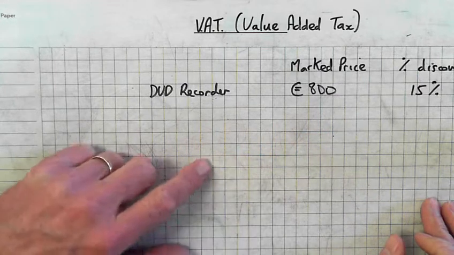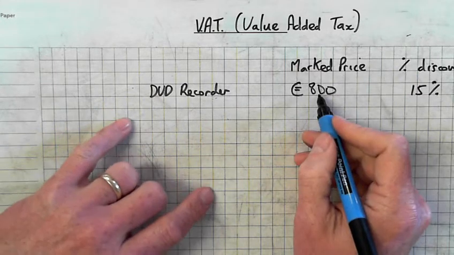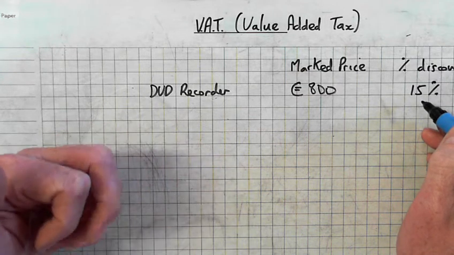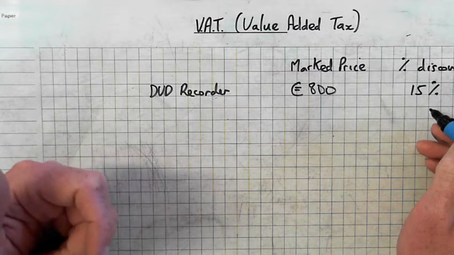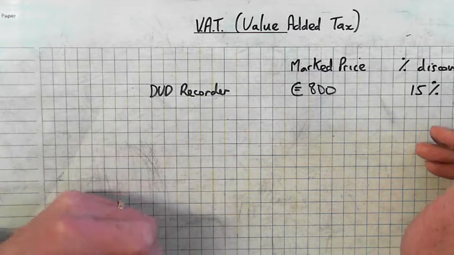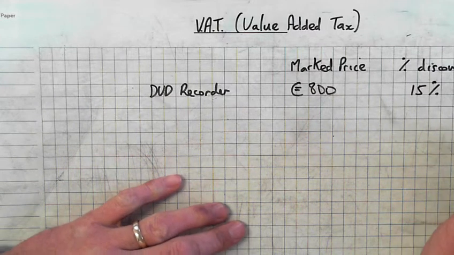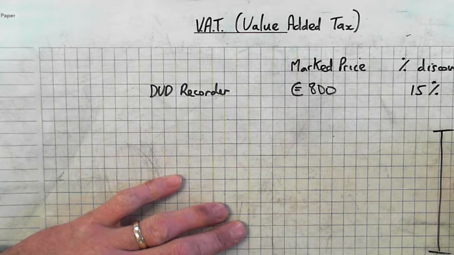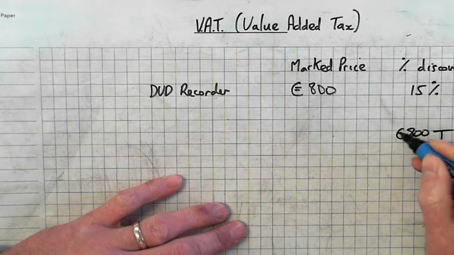All right, so we can do that. So we're going to take 15% off. So when you take 15% off, what's left? What percentage is left? Yes, so watch. 100%, that's €800.